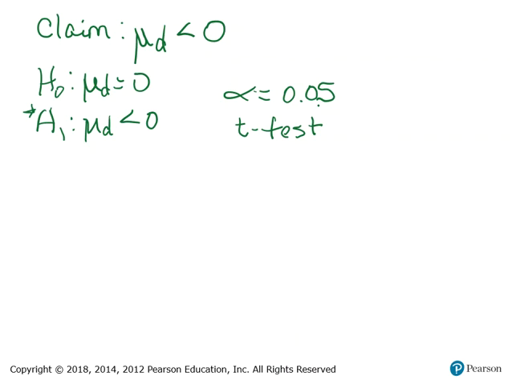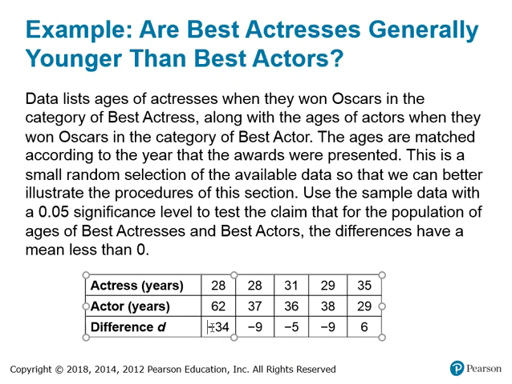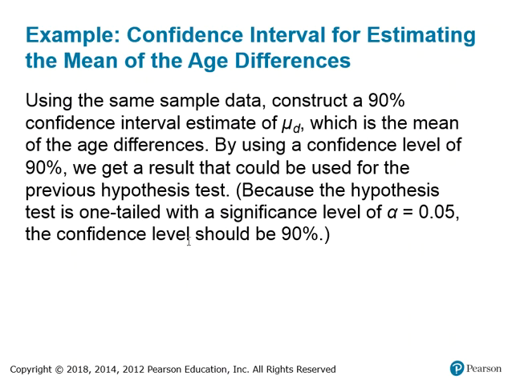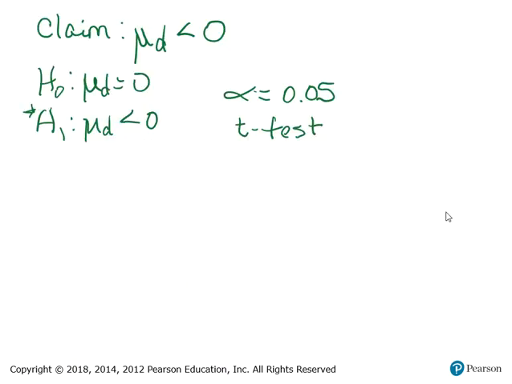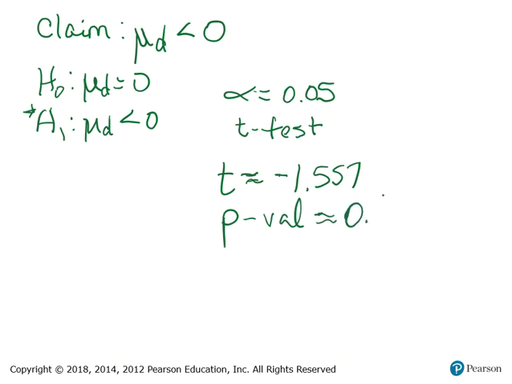Okay, so go ahead and you would grab your technology at this point and put in your data. You would not put in all of this data. You would just put in the differences into your column, into your calculator, and then we're going to run a t-test on it. When we do that, we should get a t-value of negative 1.557, and that is an approximation, it is rounded, and a p-value of 0.0973.